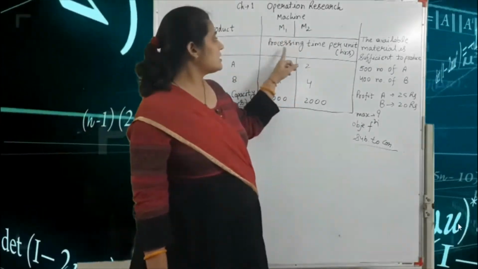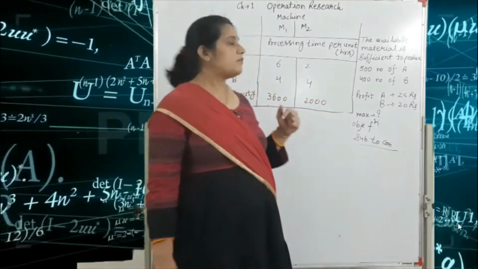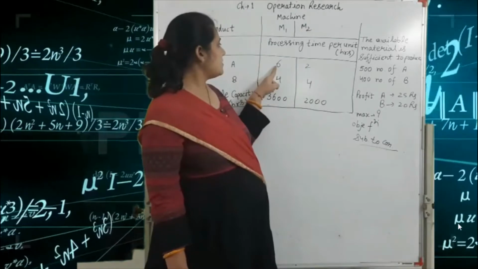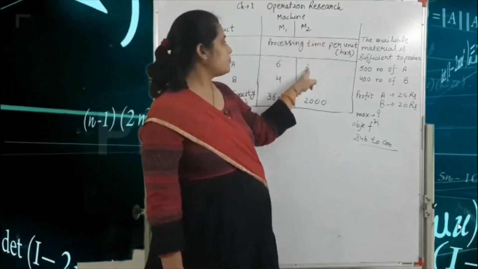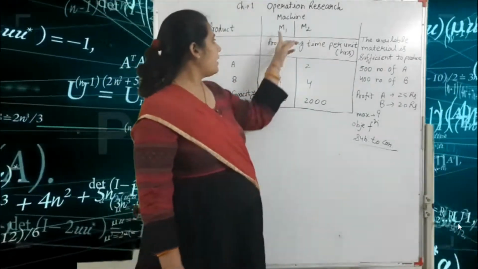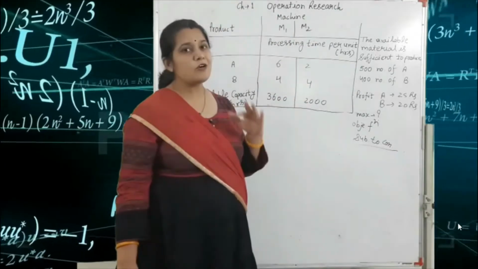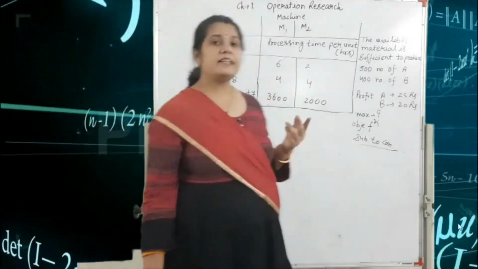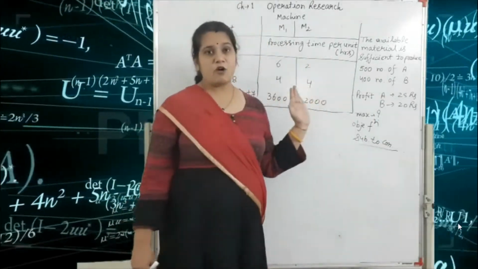Here the two products are A and B and every product uses machines M1 and M2. The processing time per unit in hours is given as 6 and 2. For product A, the M1 machine takes 6 hours and the M2 machine takes 2 hours. For product B, the M1 machine takes 4 hours and the M2 machine also takes 4 hours. Actually this question is in sentence form.